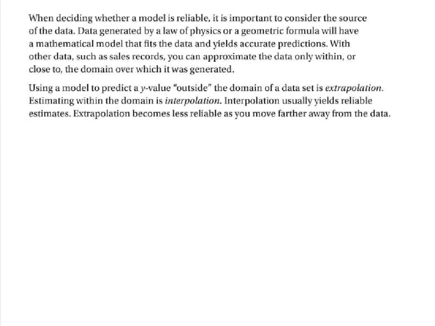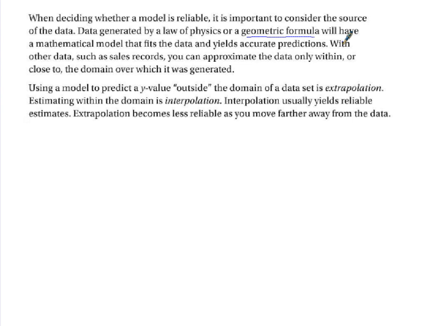Lots of words. Go ahead and read them. Okay, a couple of important things on this little screen of words. It says data that's generated by a law of physics. So like data generated by gravity. Or some sort of geometric formula, like when you did your project.